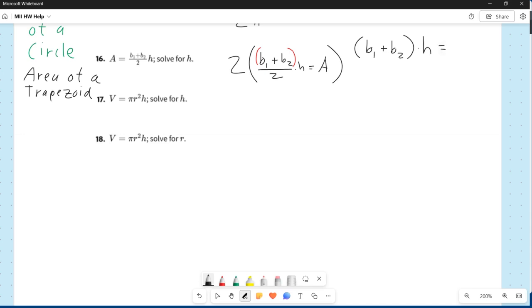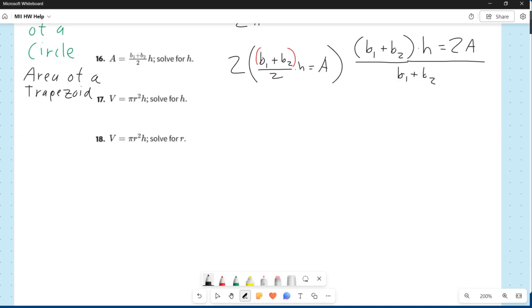Continuing on, we're multiplying by 2, and so we have to do it to the right, and so 2 times a is simply 2a. Now, to get h by itself, notice that h is being multiplied by the entire thing. It's being multiplied by b1 plus b2. It's like it's one thing that's getting multiplied. So if I want to get rid of it, I simply divide by b1 plus b2, because that's a factor.